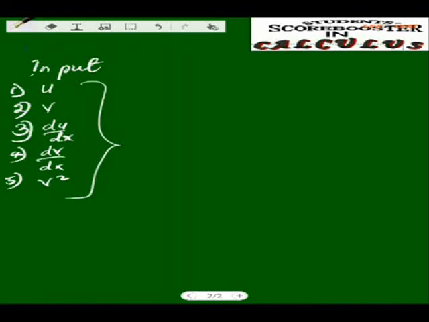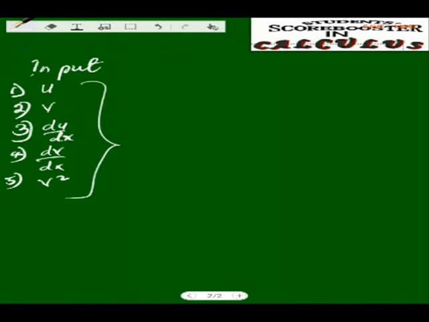I'm not going to take many examples because in JAM you hardly use quotient rule for polynomial expressions. Quotient rule often comes when you are dealing with trigonometric differentiation.